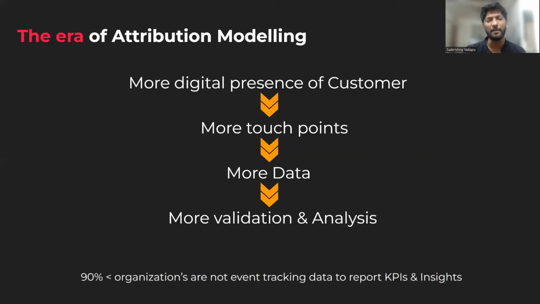More than 90% of organizations are not even tracking data to report KPIs or insights or KRAs or even OKRs. So as the data increases, we don't have any other way apart from choosing the right attribution model and analyzing the data to see what marketing channels are working and not working.